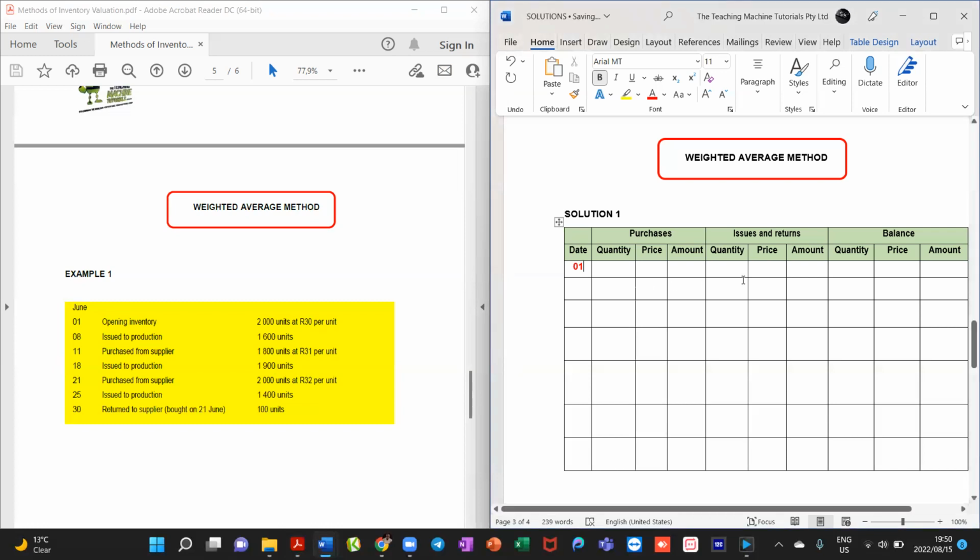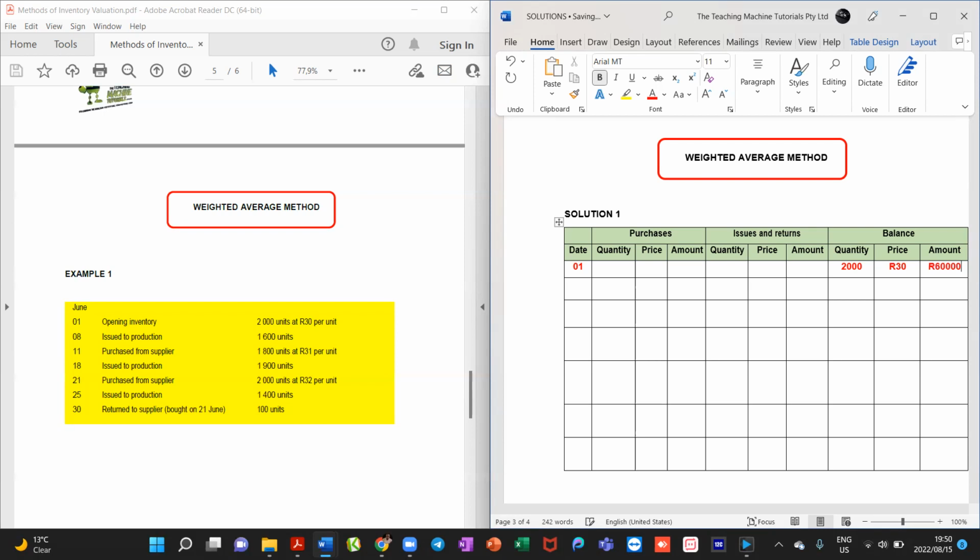1st of June, the opening inventory is 2,000. How much is 2,000 times 30? 60,000.